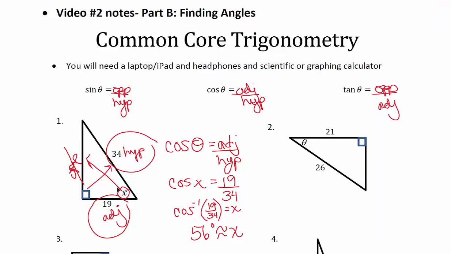Now keep in mind, if this angle is 56 and this is 90 degrees, we could actually find this angle up here as well, because the angles must total 180. So deduct 56 and deduct 90. We're looking at what, like 34 degrees?